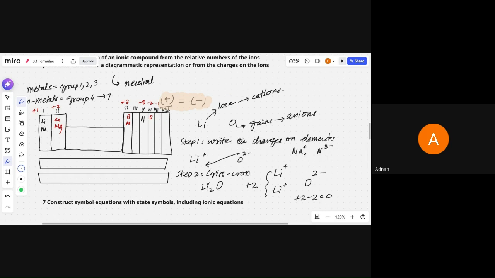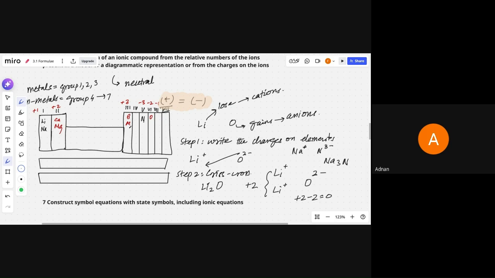Now apply the crisscross method. This will be Na3N, right? You will need 3 sodium atoms with +1 charge each to neutralize the -3 on this one nitrogen ion.